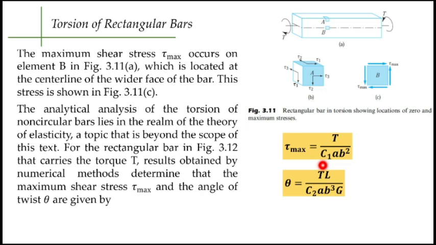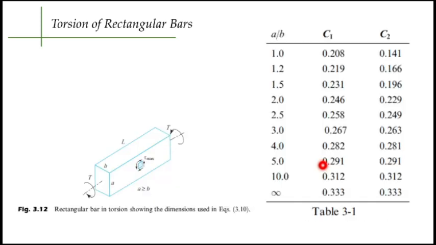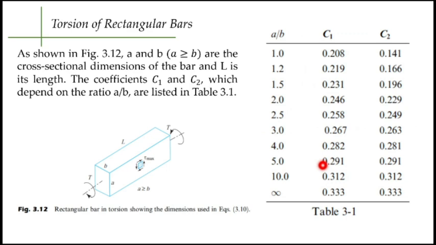Okay, now you might be wondering what is A, what is B, and what is this C sub 1 and C sub 2. Now, of course, G is your shear modulus. A and B are the dimensions of the sides of your rectangular bar.